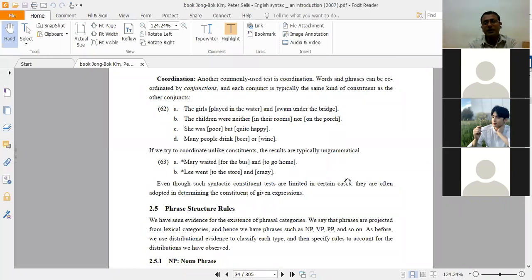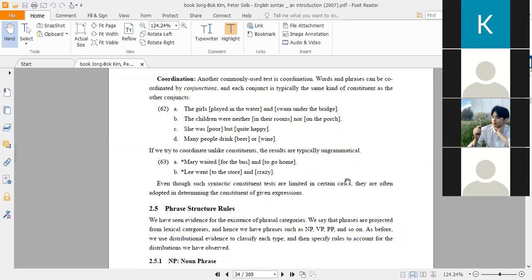If we try to coordinate unlike constituents, the results are typically ungrammatical. When unlike constituents are joined, which are not equal in importance, the results are typically ungrammatical. For example, look at this wrong sentence: Mary waited for the bus and to go home.